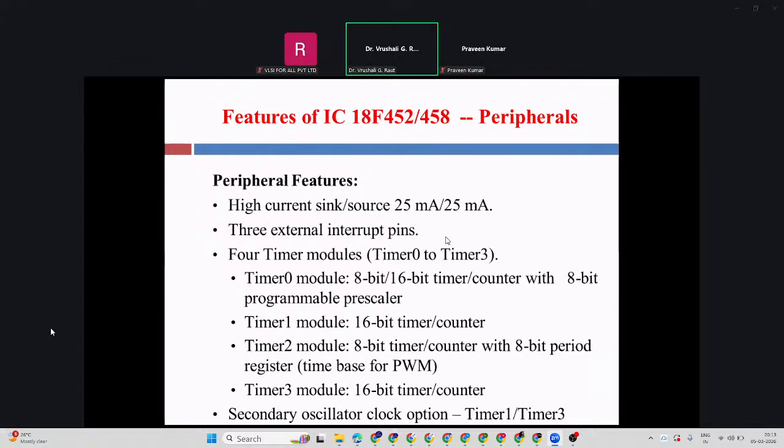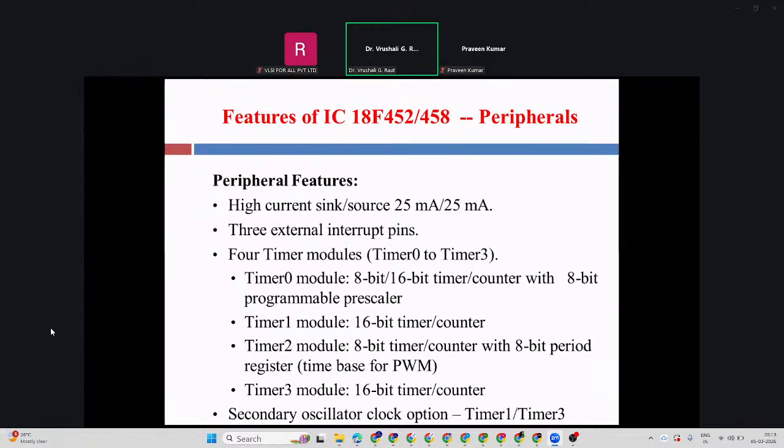For example, I am connecting some switch, and to that switch some voltage is connected. So when I am turning on that switch, what will happen? My microcontroller pin is acting as input pin. I programmed it as input pin. So how much current it can sink is 25 milliampere, and it is a very good, very large value. Same thing, if I am configuring my pin as the output pin, and on the output side I am connecting some LED, how much current can be sourced to that LED? 25 milliampere current can be sourced.